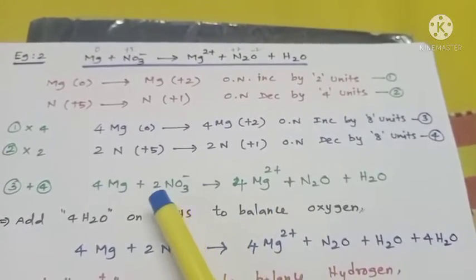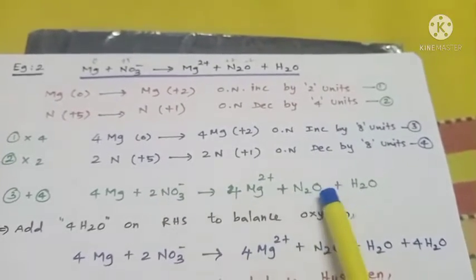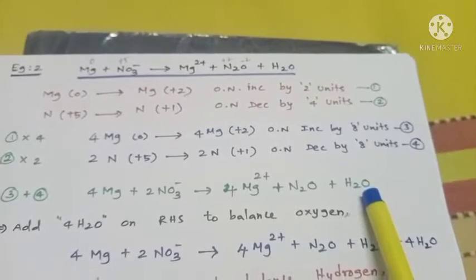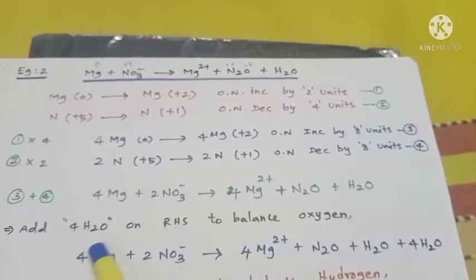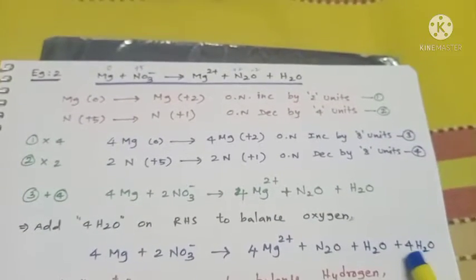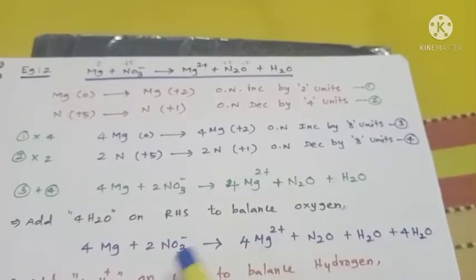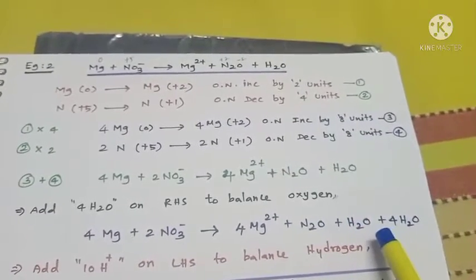On the left hand side there are 6 oxygen atoms, 2 into 3, 6 oxygen atoms. But on the right side, here 1, 2 only. So we are supposed to add 4 more oxygen on the right hand side. So I add 4H2O on the right hand side to balance oxygen. I have introduced 4H2O to make oxygen 6 on the right hand side, which is equal to the left hand side.